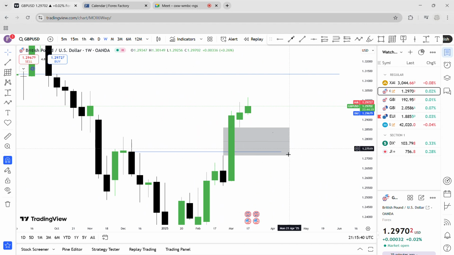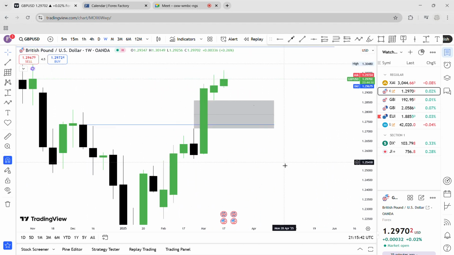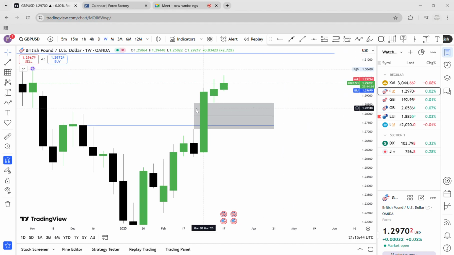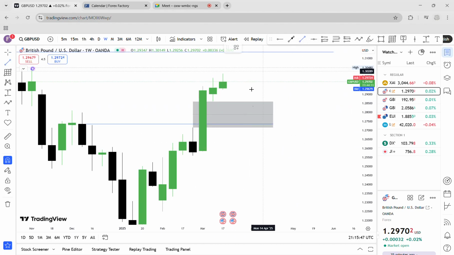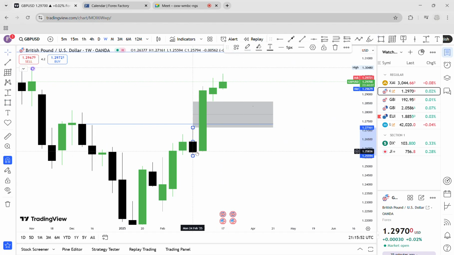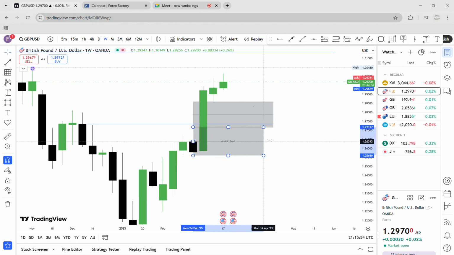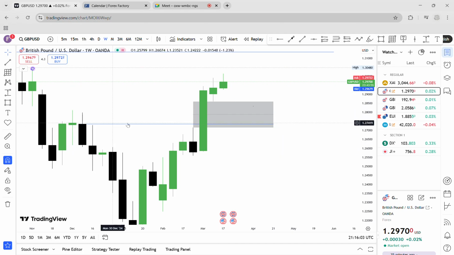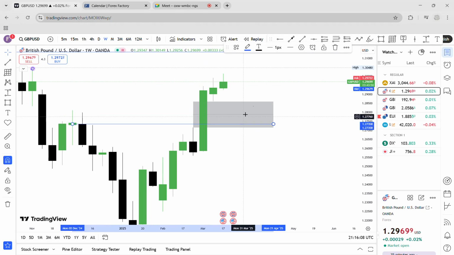If it comes to our area of interest, the way we identify it, then yes, we can look for a tradable opportunity. And remember, there is also a level right here, but I'm not identifying it because for now we have two levels above this level. That is why I choose this fair value gap and this area for now. If we trade through this area and didn't get any setup, then there is a level right here that we might be coming towards.